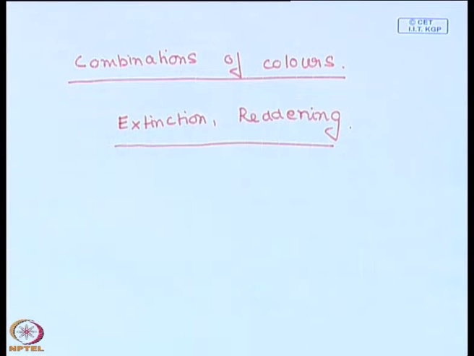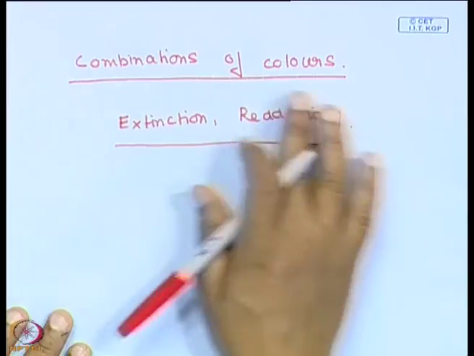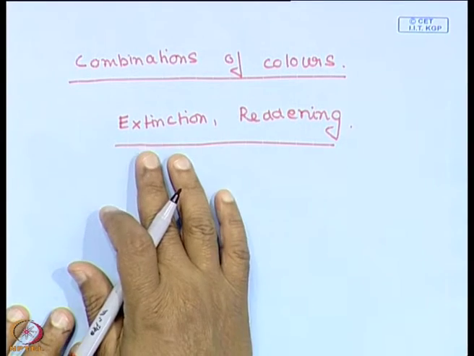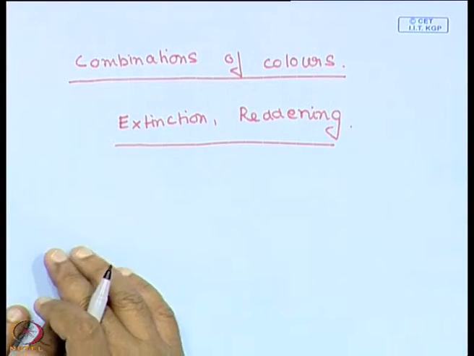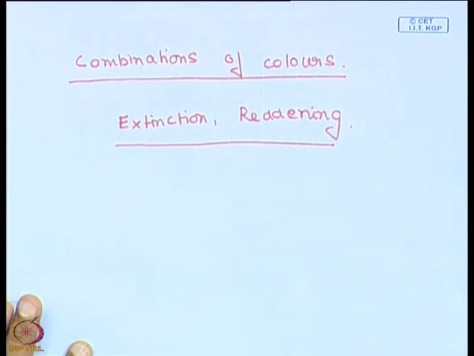Okay. So, let me remind you what the basic idea is again. The dust absorption is not uniform at all wavelengths. So, it causes the radiation to appear redder, and this knowledge can be used to construct combinations of colors which allow you to determine from the observation how much extinction and reddening has really occurred.